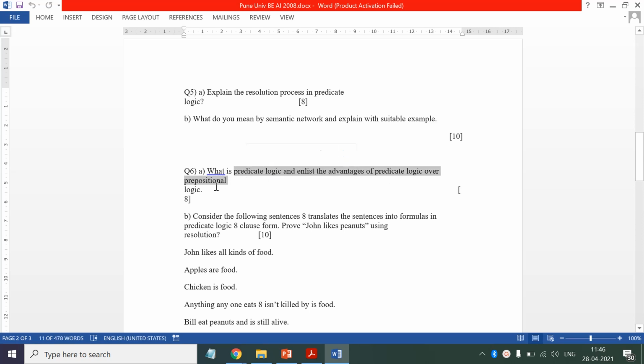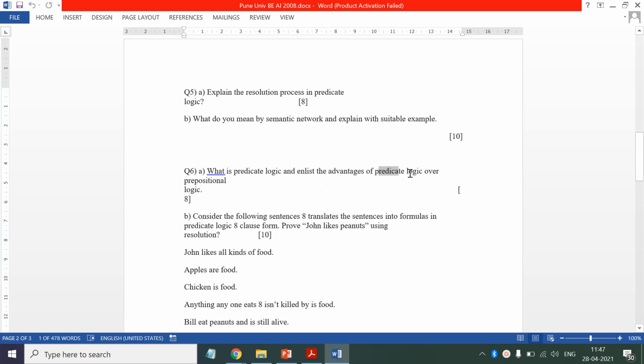Till now we have studied only propositional logic. Here I can represent sentences like students have opted for artificial intelligence. But what if I have a statement like few of the students opted for AI? How to represent that sentence using propositional logic? Those are the limitations of propositional logic.